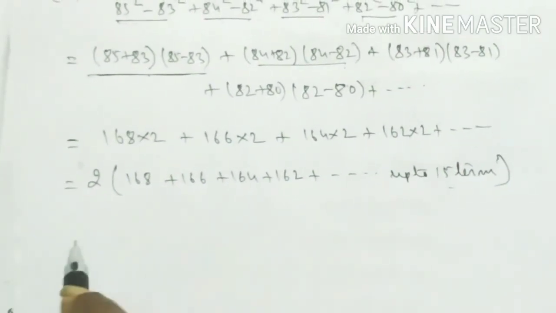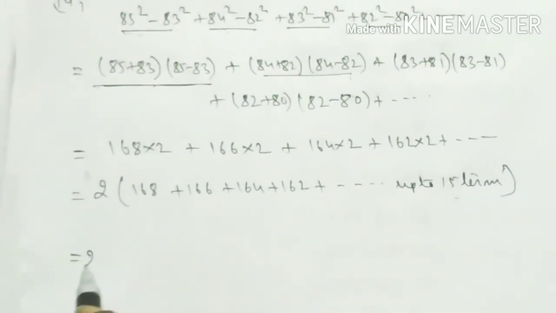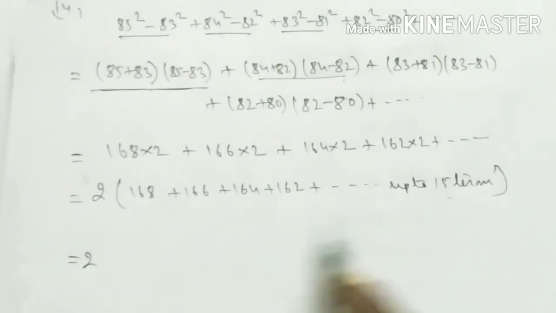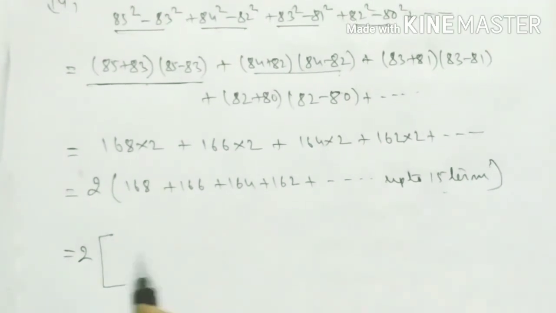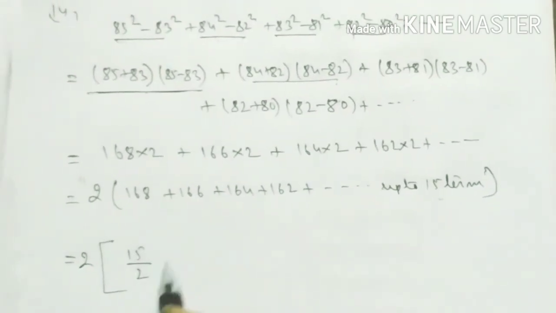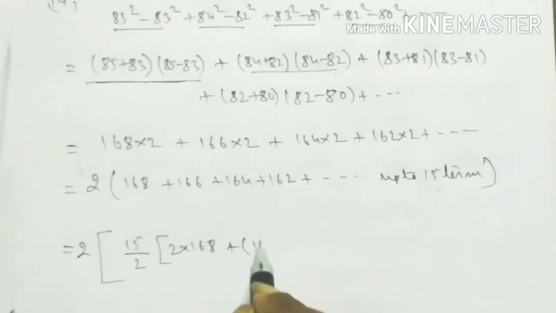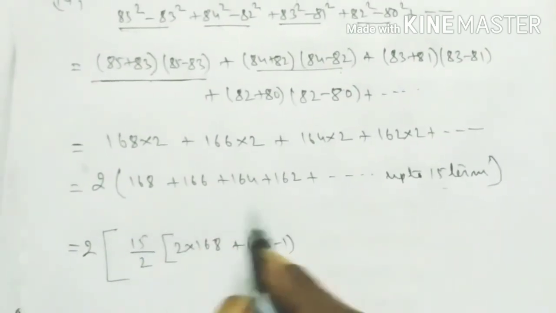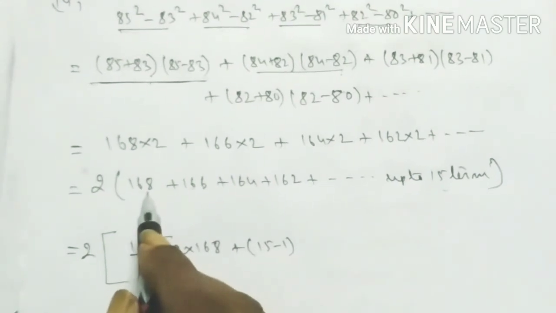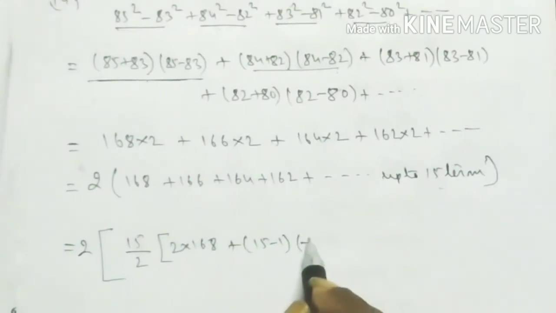So this is equal to 2 times Sn, and this is in AP, so the formula up to 15 terms is 15 by 2 into (2 into 168 plus 15 minus 1 into the common difference, which is 166 minus 168, that comes out to be minus 2).